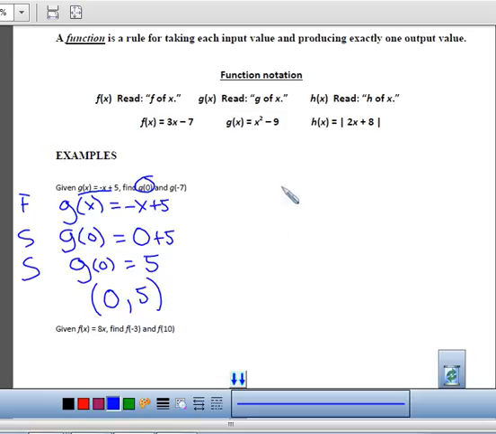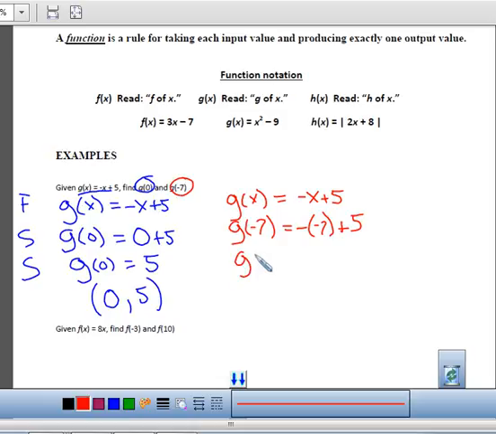The next one, when we have g of negative 7, excuse me. I'll do this in a different color. So, function substitute solve, rewrite the original function. Substitute your value in for your input. Now, we have negative 7 for x, so it's a negative negative.